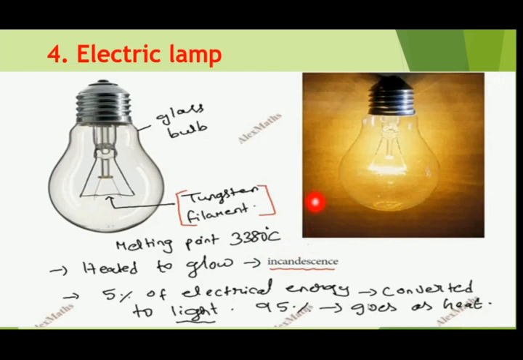So student, electric lamp, electric arc and electric welding also work on the principle of heating effect of electric current. In some cases, such as transformers and dynamos, Joule's heating effect is undesirable. These devices are designed in such a way as to reduce the loss of energy due to heating.